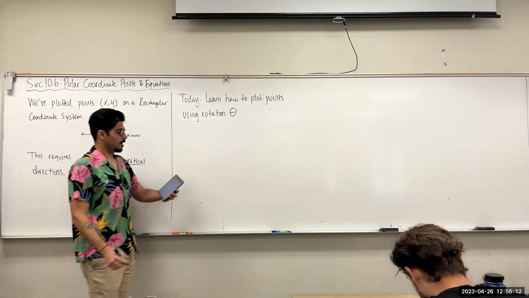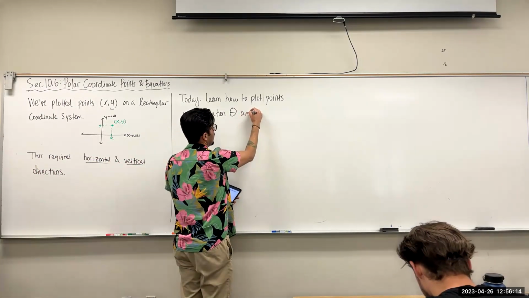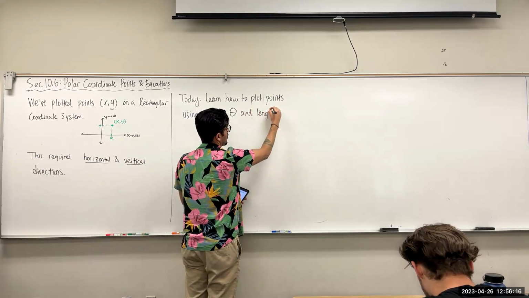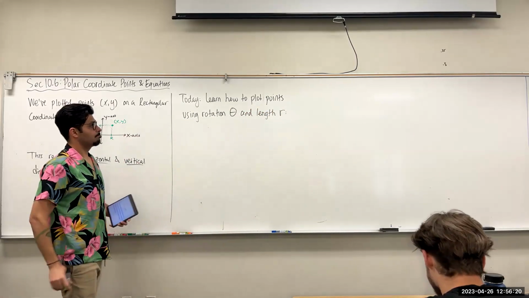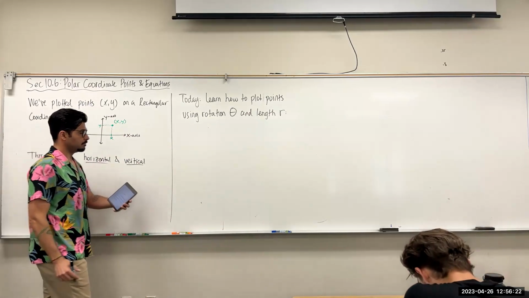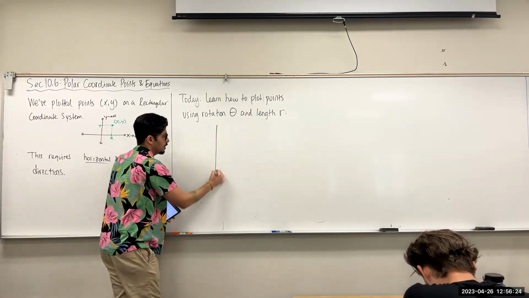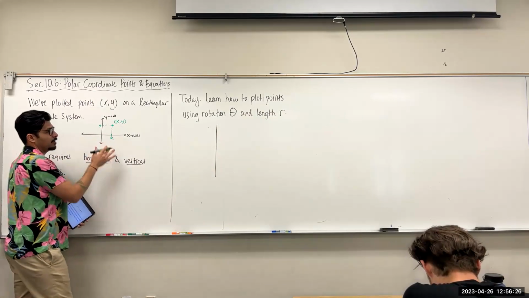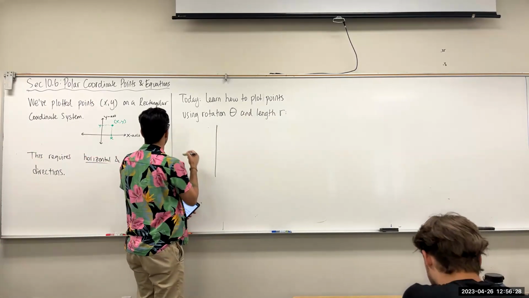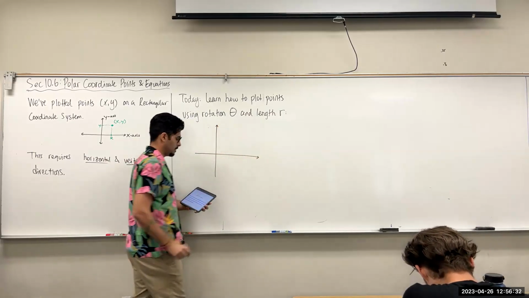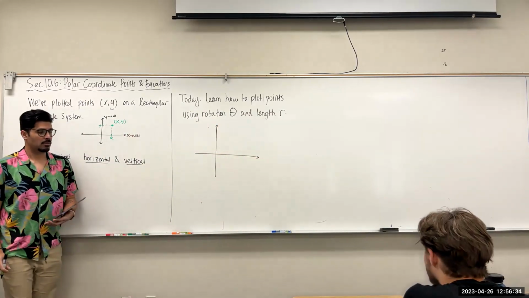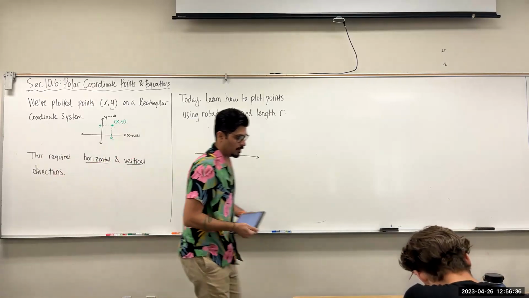So we're going to call theta that rotation and length r. And so think of being on the rectangular coordinate system here with your x and y axis, but we're going to have different names for them. Let me slow down here so you can write that down.